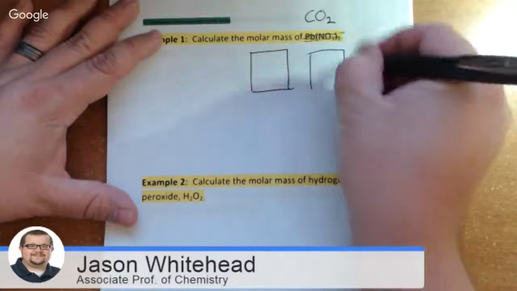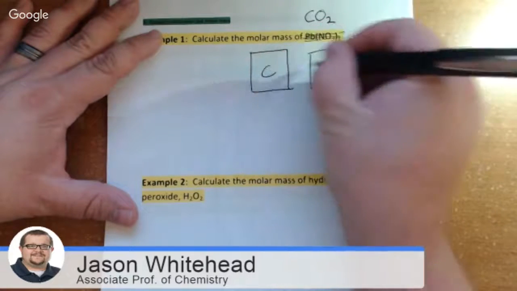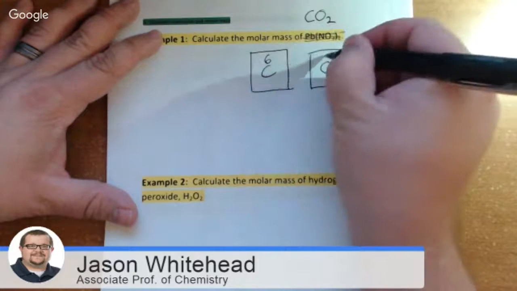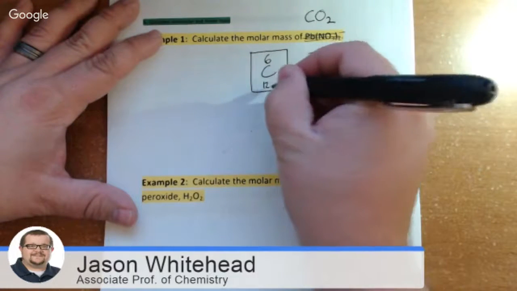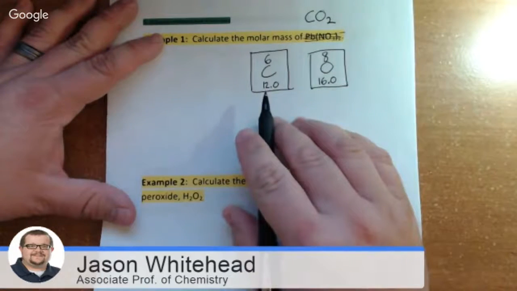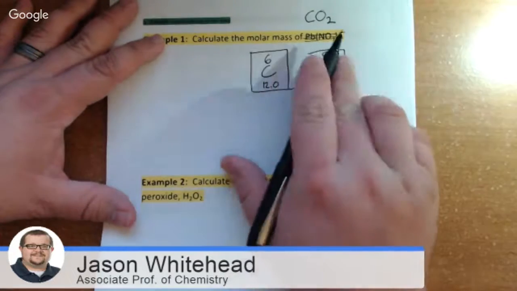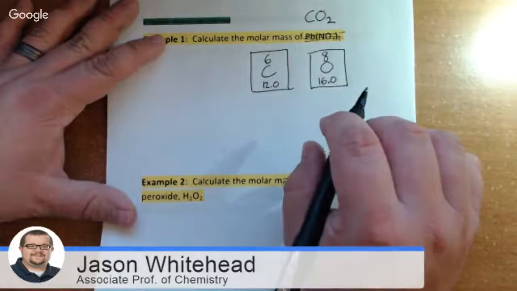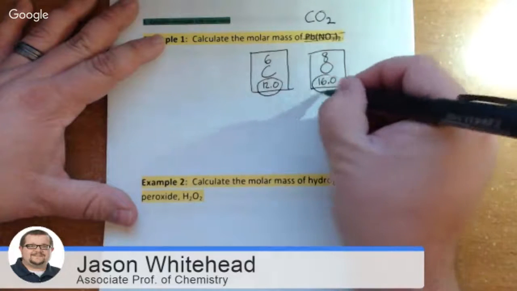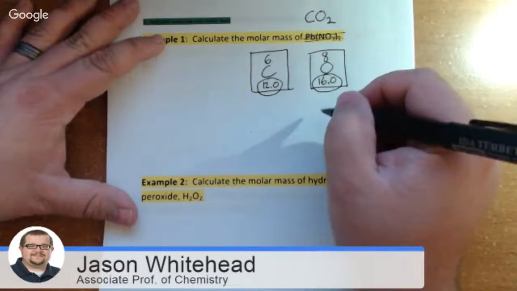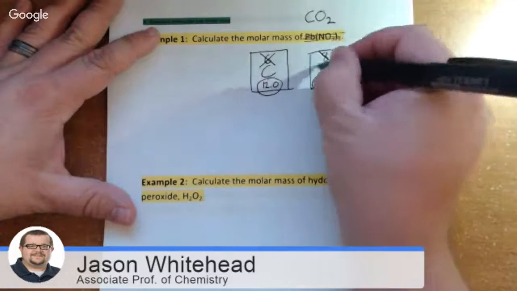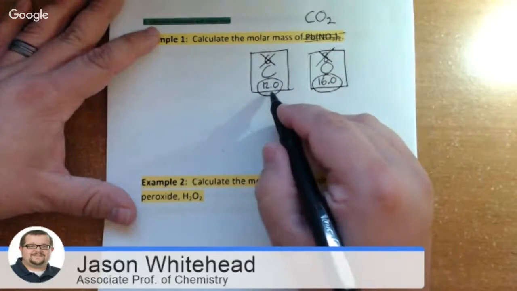I'm going to write out what of the periodic table we need. Because I only have carbon and oxygen in my formula, I'm going to look at their average atomic masses at the bottom of each block. I'm not interested in the 6 or the 8, the atomic numbers. I'm interested in how much they weigh.